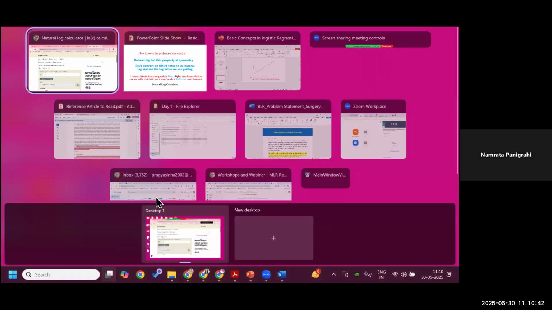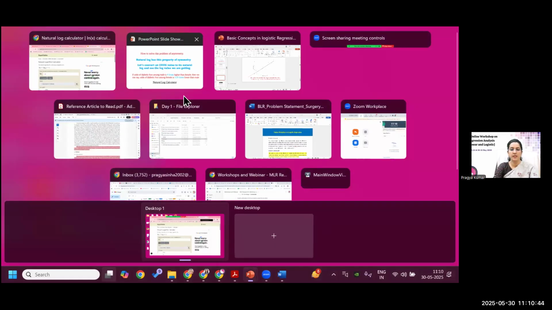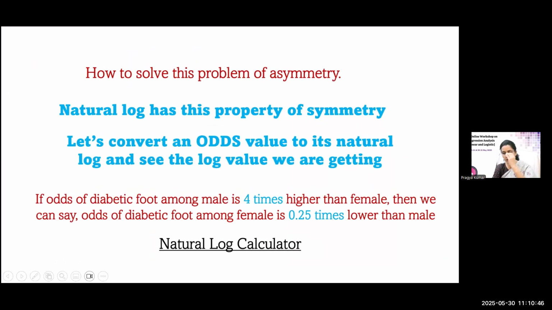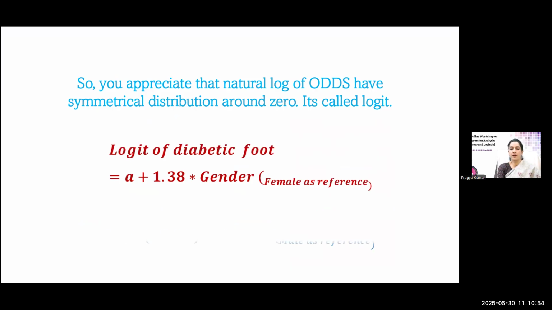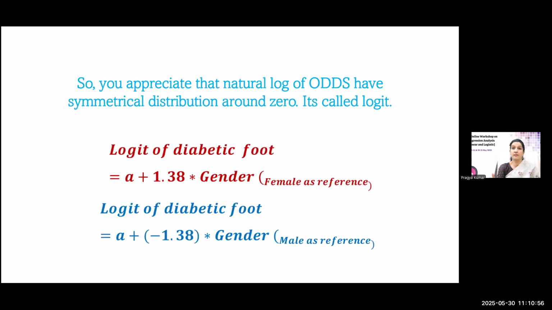So that's how this logit function serves two purposes. It makes the value symmetrical around 0, and it also removes the ceiling effect. Why? Because now the value can go negative. That's why the value was minus 1.38.